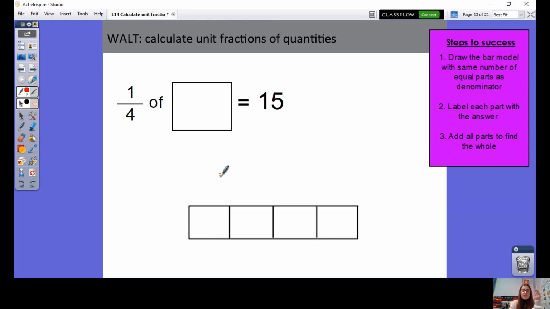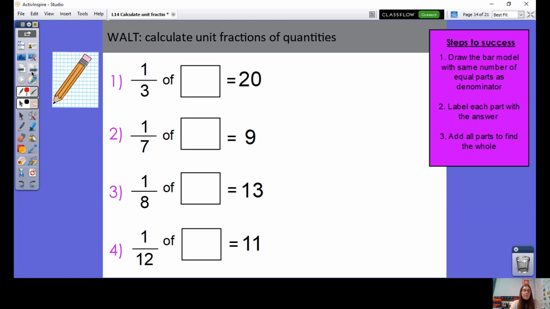Or you might just be able to do that in your head, 4 times 15, or do the addition in your head. 4 times 15 is 60. So a quarter of 60 equals 15. If you're familiar with time, you should be able to know that because a quarter of an hour is 15 minutes. So this time my whole is 60.